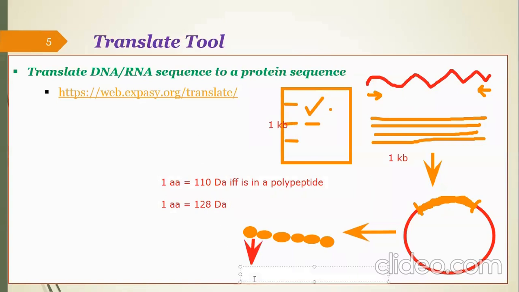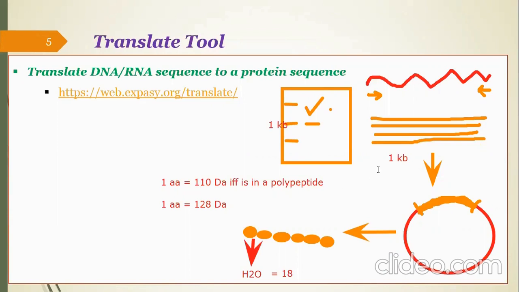One water molecule is released when a peptide chain is formed. Its molecular weight is 18. So 128 minus 18 will be equal to 110. So if an amino acid is in a peptide chain, that amino acid has a molecular weight of 110 dalton.